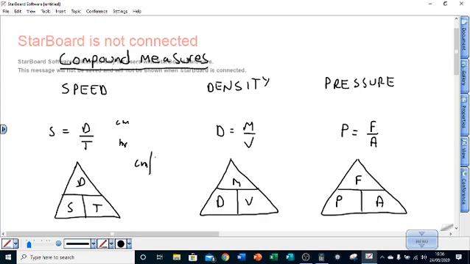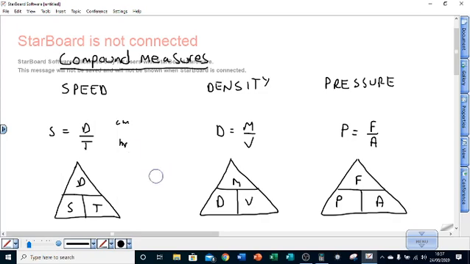Now it's not a usual unit for speed, but it exists. Centimeters every hour, something like the speed a plant grows, I don't know. I can't even think of something that moves so slow, 70 centimeters per hour, but you get the idea. Whatever units you choose here divided by whatever units you choose here.